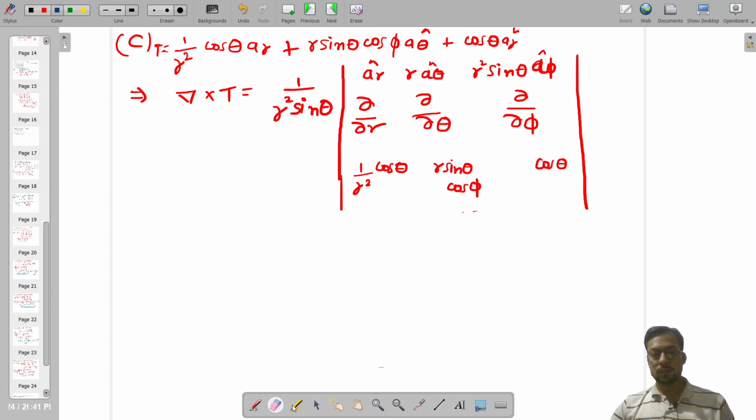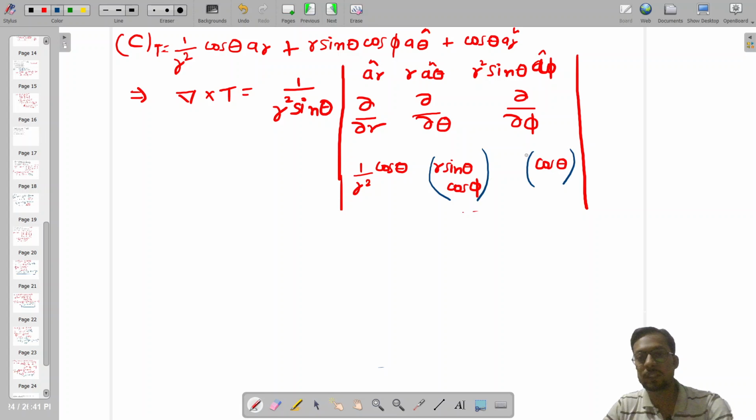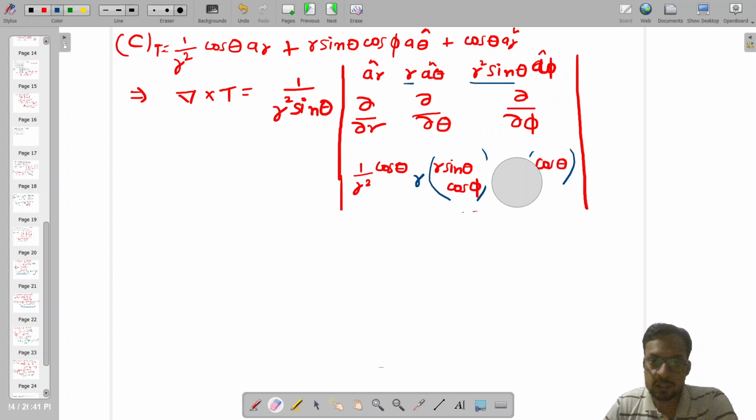Here, what we have mistaken is that we have forgotten the scaling factors. We have written them here, but we have forgotten them in the below part. So we have the scaling factor here r and here r square sine theta. So this must be ensured, that you are not forgetting the scaling factor, otherwise you will finally get the wrong answer.